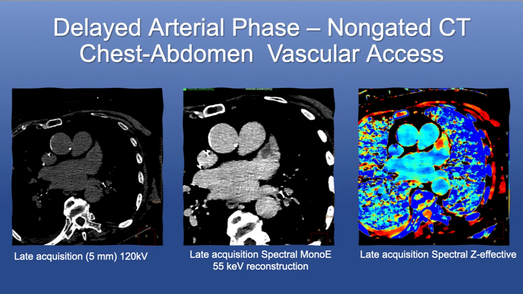In this case, the late acquisition was not as good, so we can use the mono-E at 55, and that way we can visualize the thrombus maybe a little bit better. But when we use the C effective, it is a lot clearer to see that thrombus there.